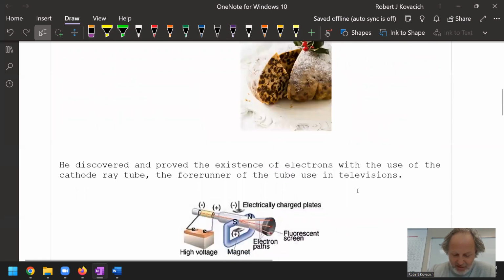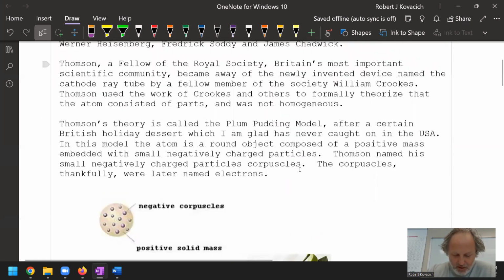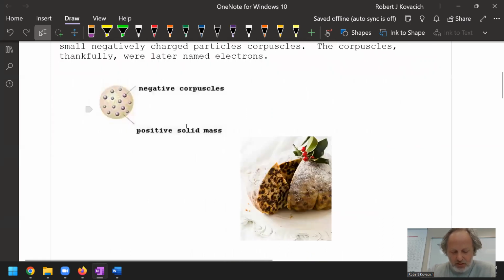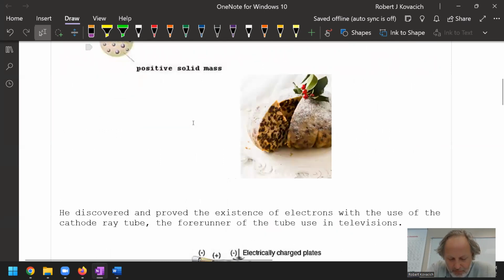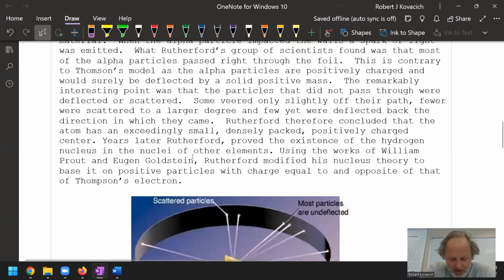So we've got the Greek model, the atom we started with in the last set of notes, and then we're talking about Thomson's idea that the atom is a positive and the negative can come off. And then we've got Ernest Rutherford coming in and saying, okay, but that positiveness turns out to be this solid, small, positive section that he called a nucleus. And then we've got Goldstein and Prout coming in and saying, okay, so this solid nucleus isn't actually solid.